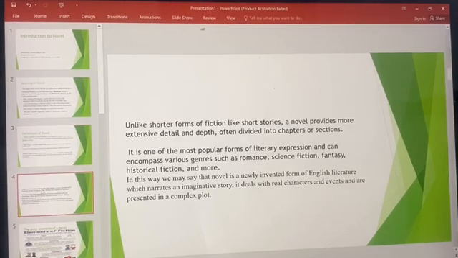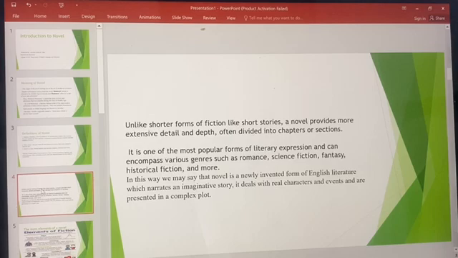Now, unlike shorter forms of fiction like short stories, a novel provides more extensive detail and depth, often divided into chapters and sections. It is one of the most popular forms of literary expression and can encompass various genres such as romance, science fiction, fantasy, historical fiction, and more.